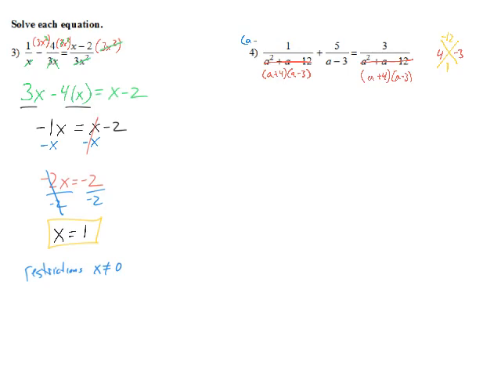All sides. So a plus 4 times a minus 3. All right, this one's going to be a plus 4 times a minus 3. And this one's going to be a plus 4 times a minus 3. I multiplied both sides by this, which means all parts. And as I do that, watch what happens.